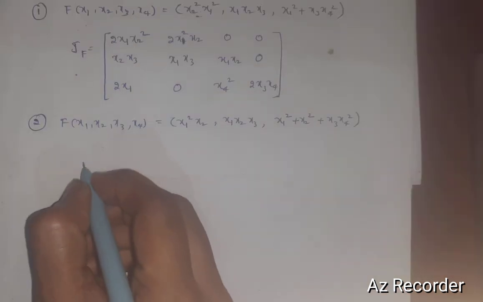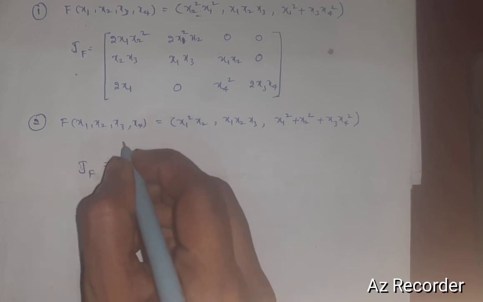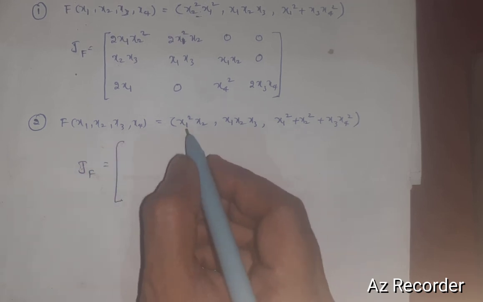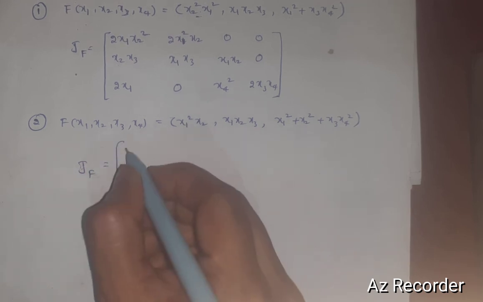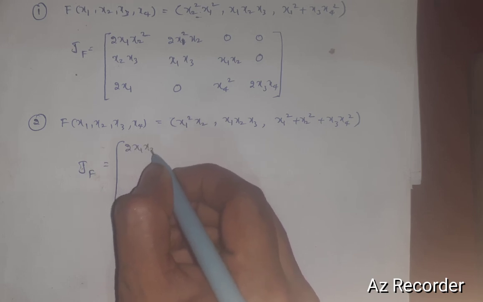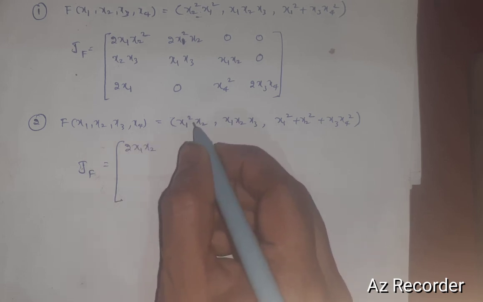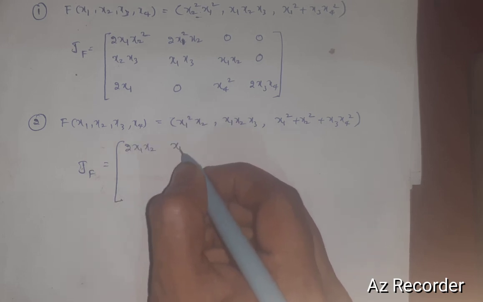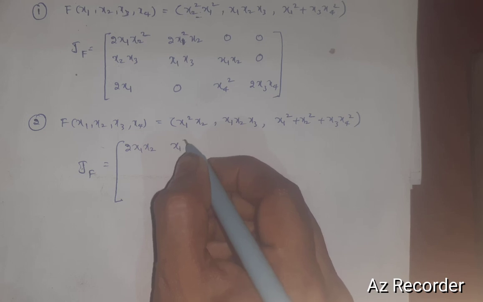So for this, the Jacobian JF will be: derivative of f1 with respect to x1 is 2x1 x2, with respect to x2 is x1 square.